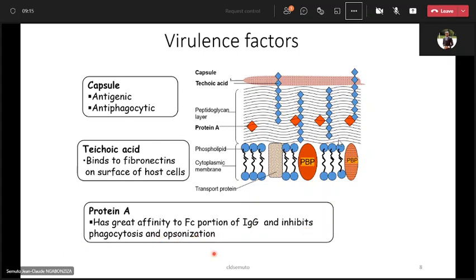I think you haven't started immunology, but opsonization is the induction or facilitation of phagocytosis by antibody binding on the pathogen, on this bacteria.